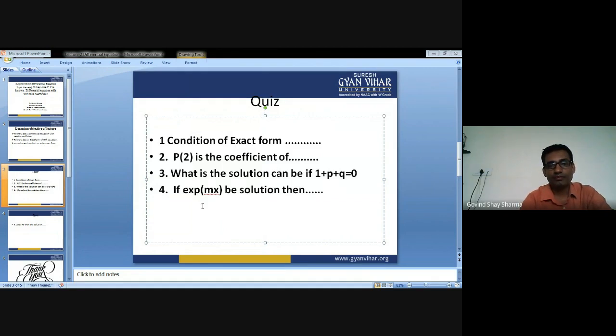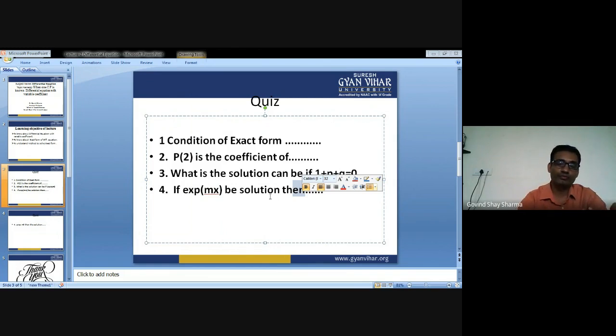If e to the power mx is a solution, then the condition becomes m square plus pm plus q is equal to 0.